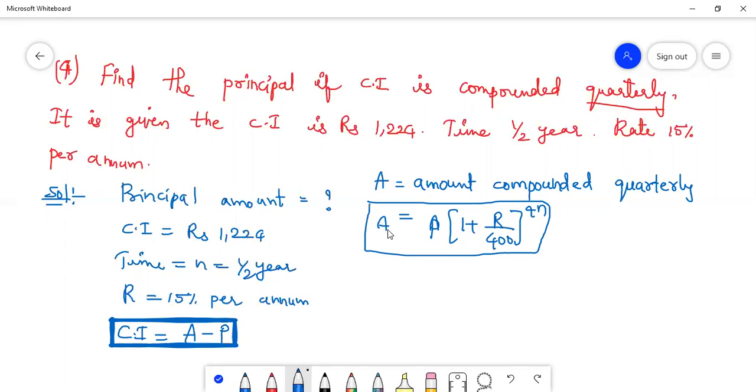And we can substitute the amount formula and principal amount in the compound interest.